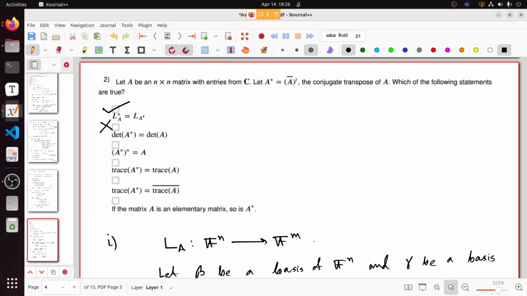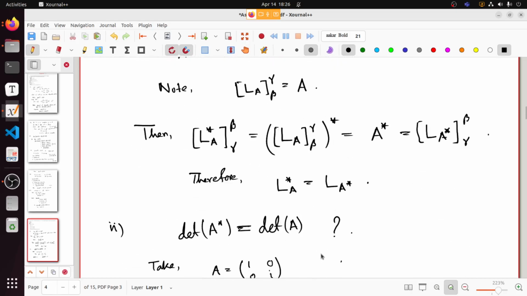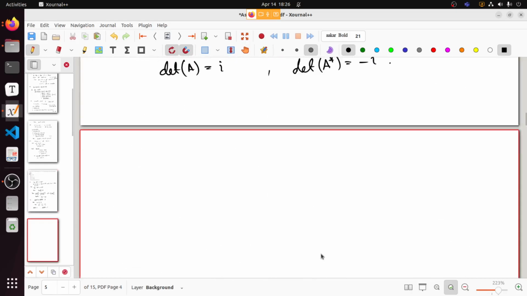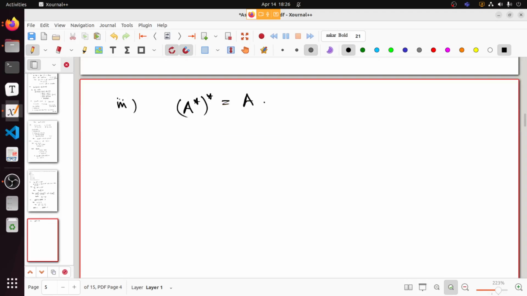Now let's move to option number 3. It's saying that A star of whole star is A. So this is again true. We will prove this. What we have to show is that A star of whole star is A. So this is the matrix A. We have to take the conjugate transpose, and again take the conjugate transpose.